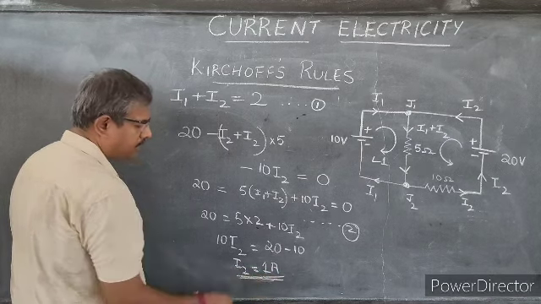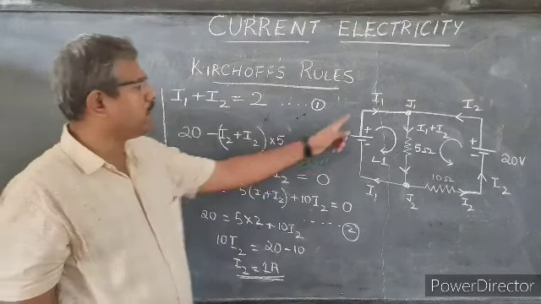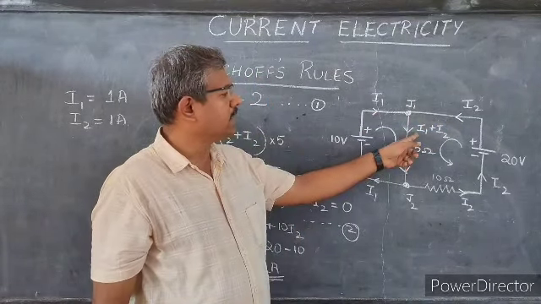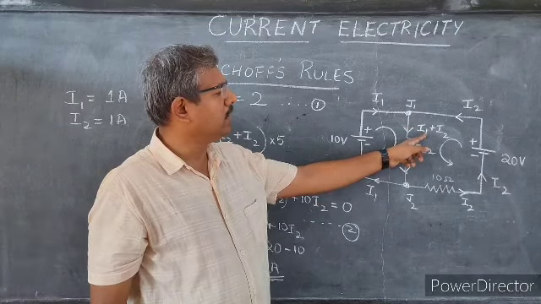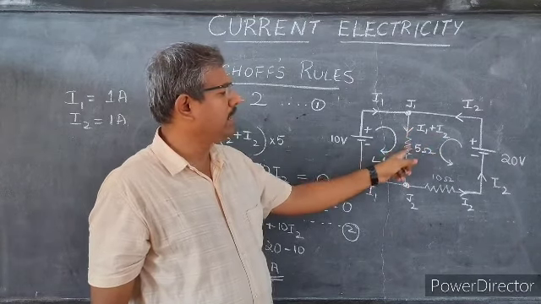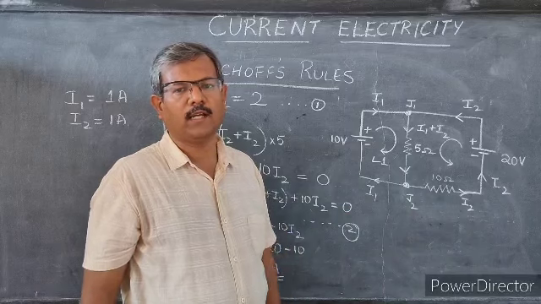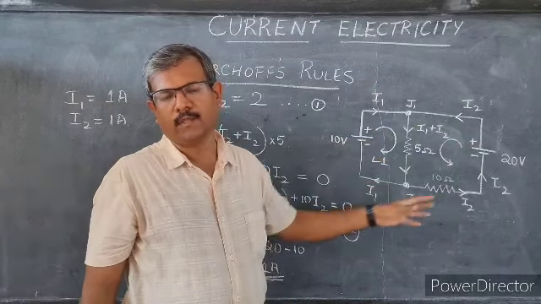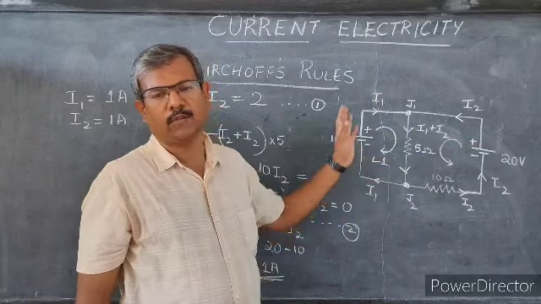So I1 is 1 ampere, I2 is 1 ampere. There is a current of 1 ampere flowing here, 1 ampere flowing here, and a combined current of 1 plus 1, 2 amperes flowing through the 5 ohm resistor. So with this, we have solved the circuit in terms of the current flowing through various parts.